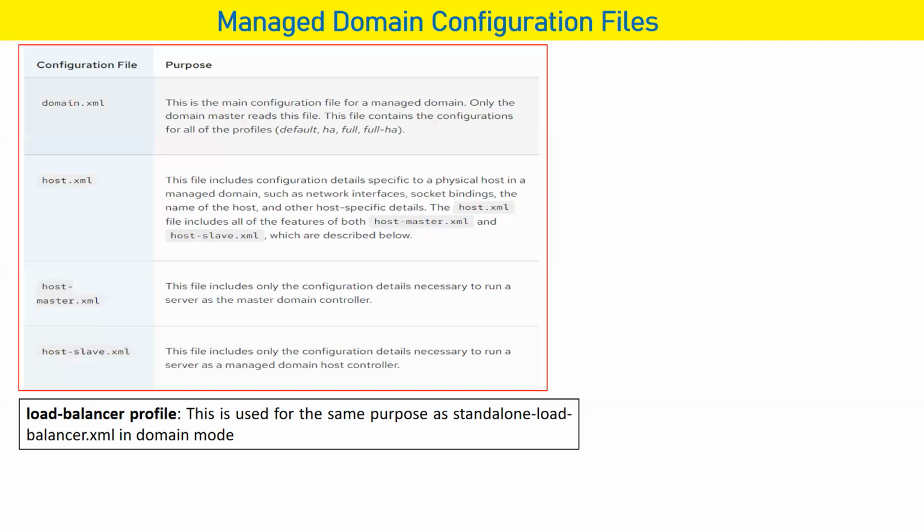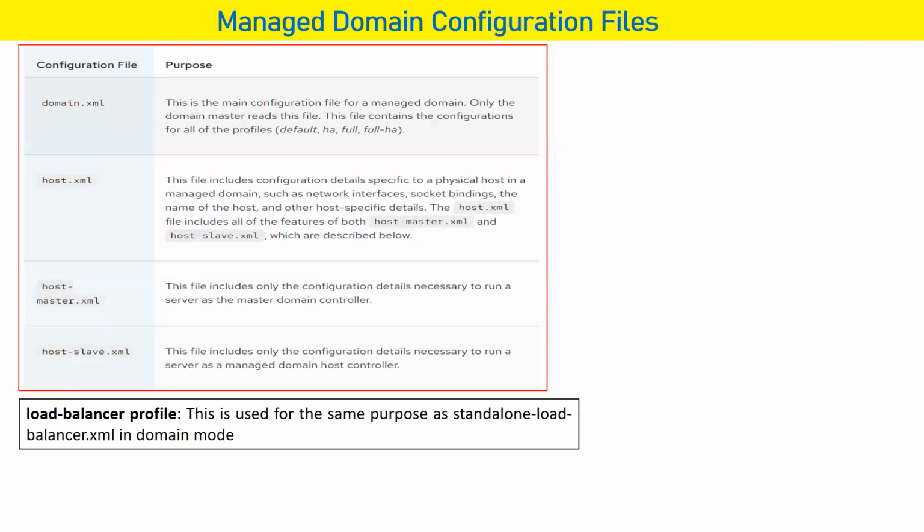So the host configuration file is specific to the physical host. It will contain all the configurations of that particular host, port numbers and maybe certain more information. And this is specifically used when we define our managed domain configurations, with the help of your different profiles.